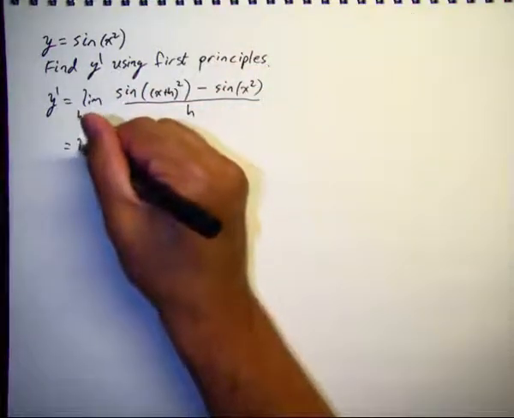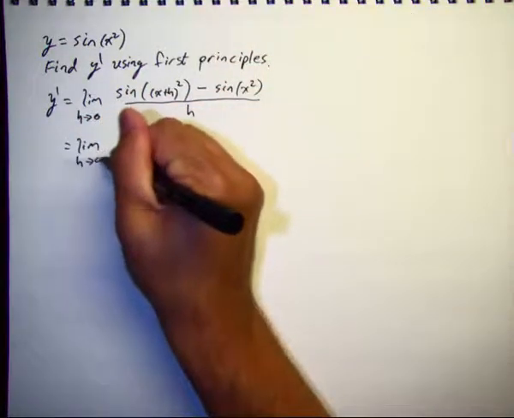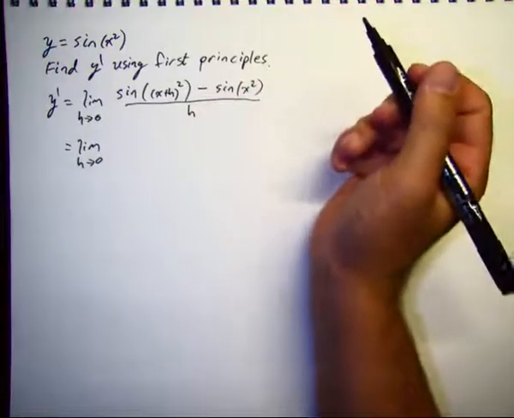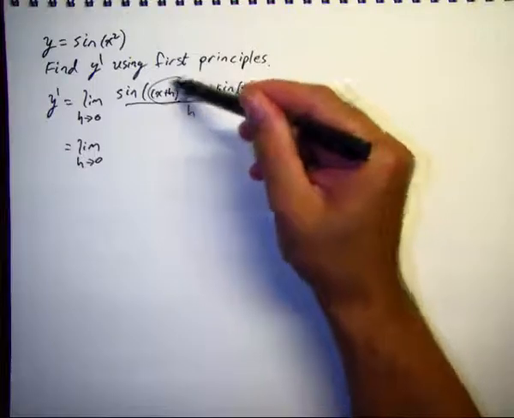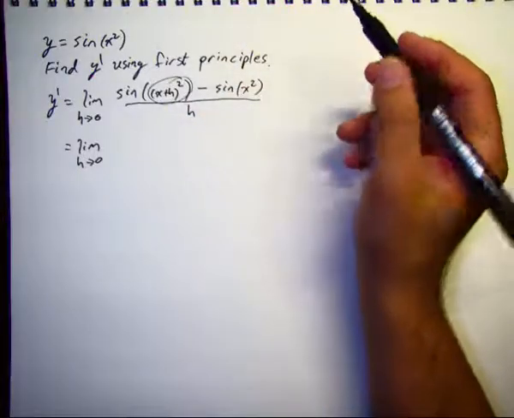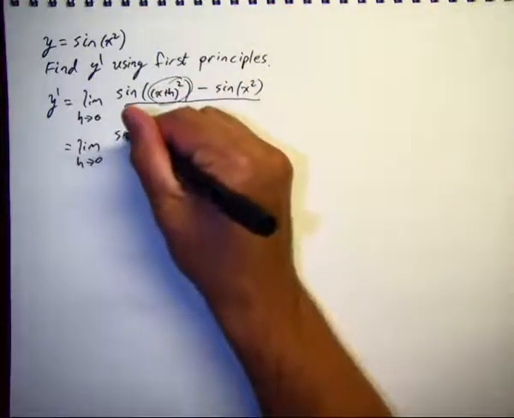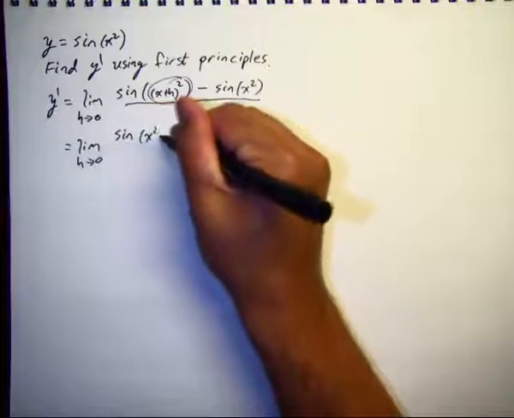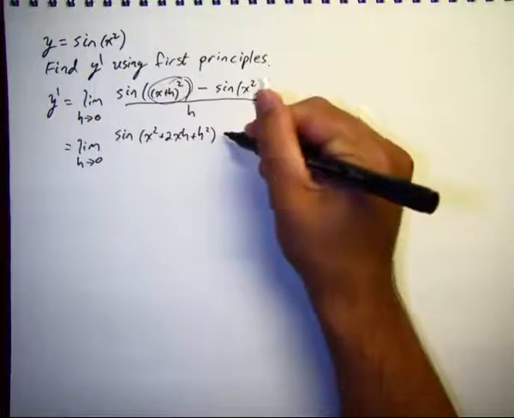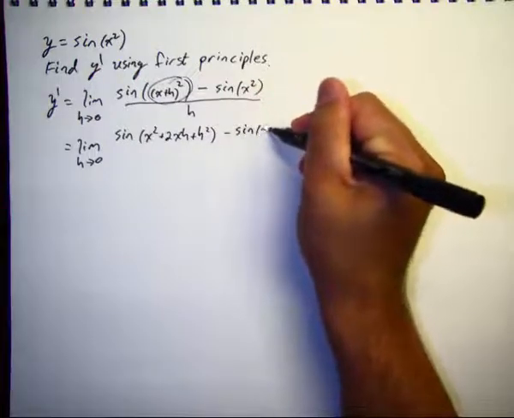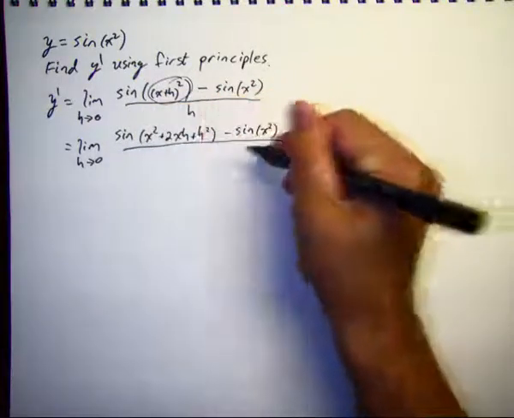And so this is equal to the limit as h goes to 0. First step, the only thing we can do is take this x plus h quantity squared and expand it. So we can write this as sine of x squared plus 2xh plus h squared, minus sine of x squared, all over h.